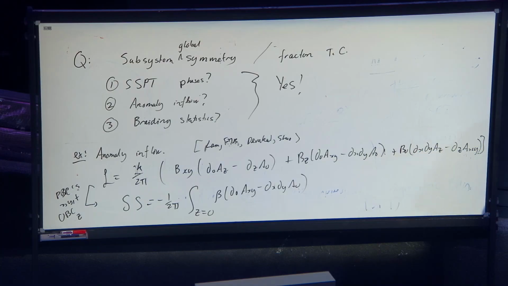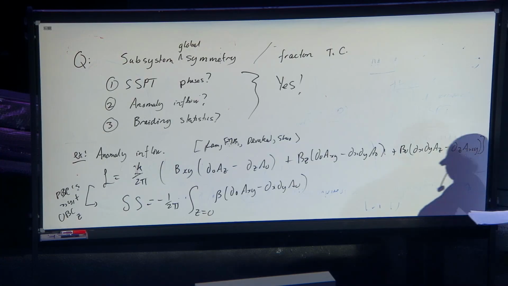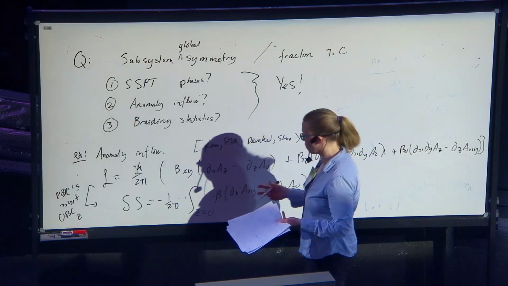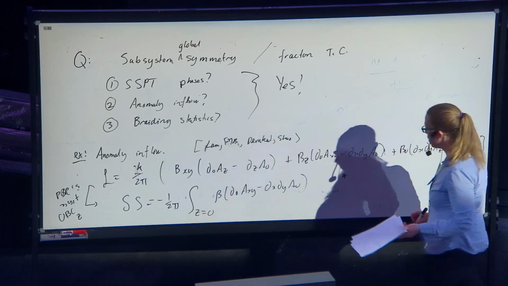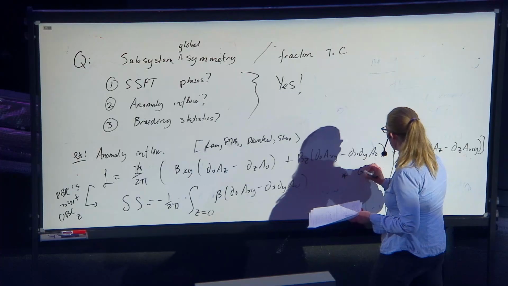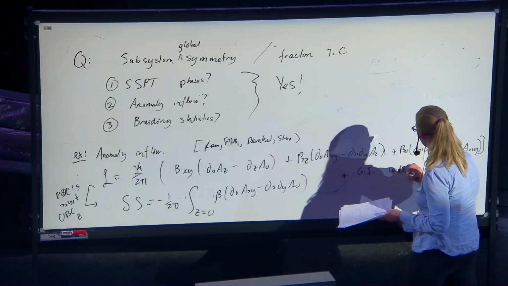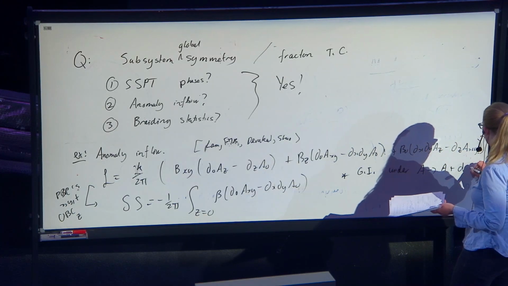Now, okay, sorry. Let me point something out. So here I have a sort of BF or mutual Chern-Simons term, right? And what I notice here is I've chosen this to be gauge invariant under A goes to A plus some definition of D alpha, right?